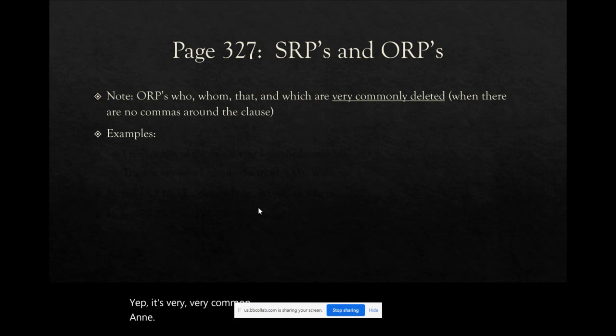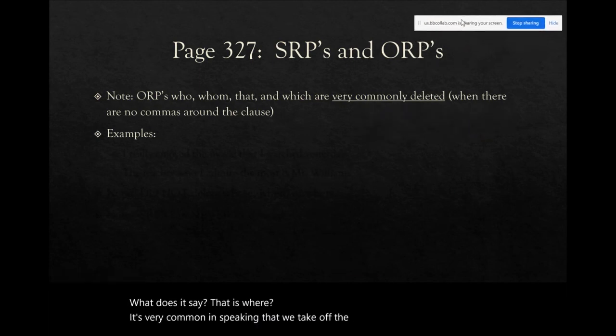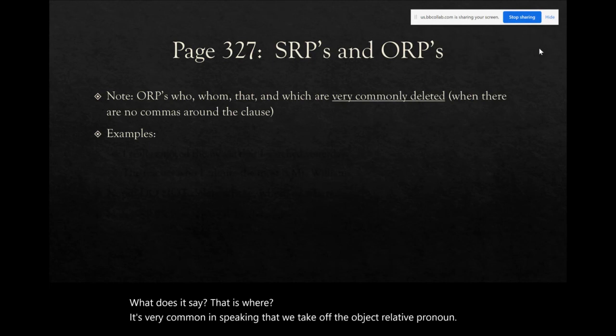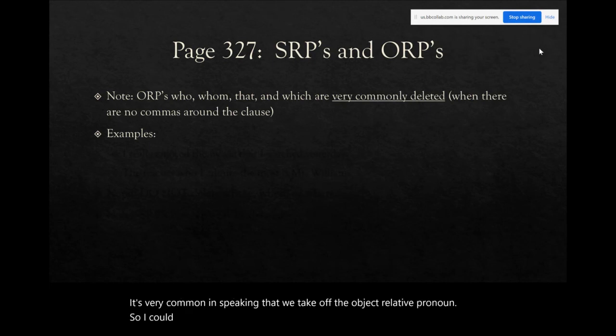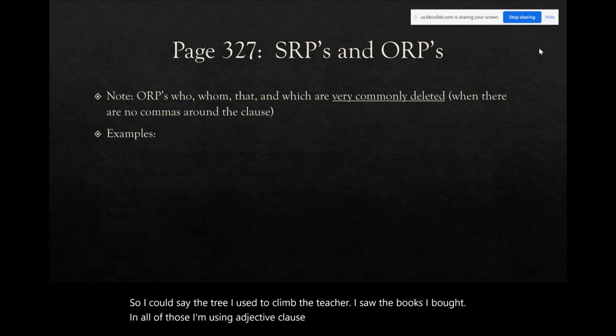What does it say that is rare? So it's very common in speaking that we take off the object relative pronoun. So I could say, the tree I used to climb, the teacher I saw, the books I bought. In all of those, I'm using an adjective clause, but I'm not using an ORP.